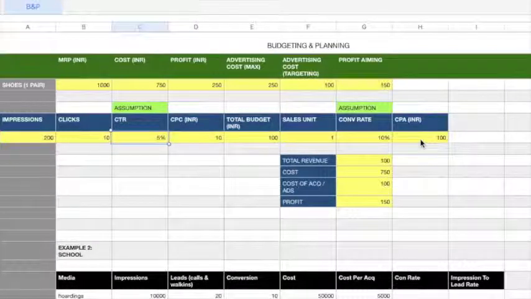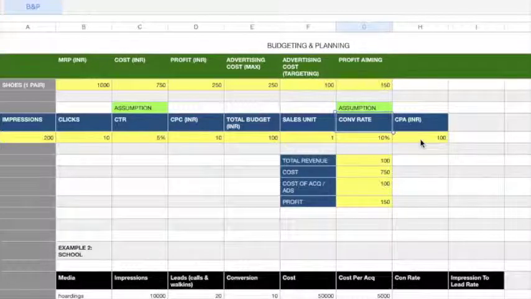We have to assume another metric, which is called CTR. So we are assuming two metrics in this planning process. Why are we assuming? Because we don't have a precedence, we don't have an earlier experience. So if we're doing it for the first time, we have to assume the CTR and the conversion rate, and we are going to derive everything from these two metrics.